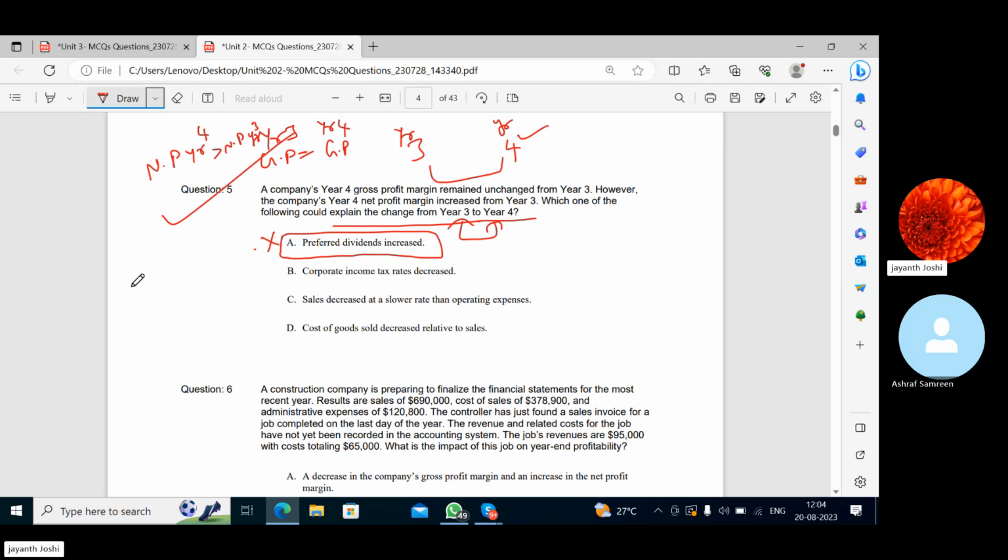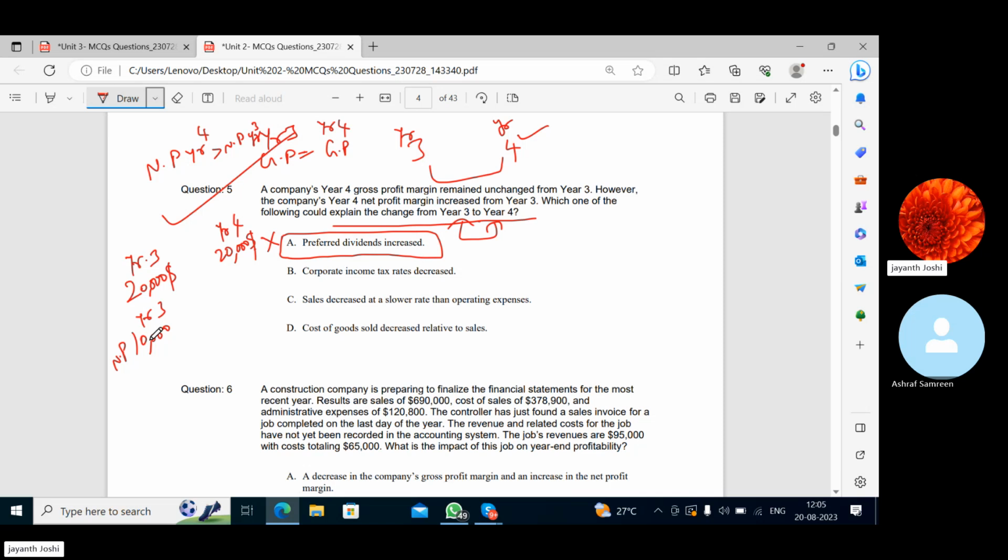In year 3 my gross profit was $20,000, and in year 4 my gross profit is also $20,000. I don't see any problem, but after removing all expenses, my net profit is 10,000 in year 3, and year 4's net profit margin increased.